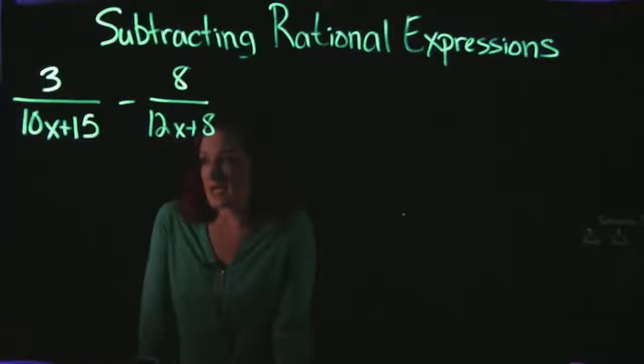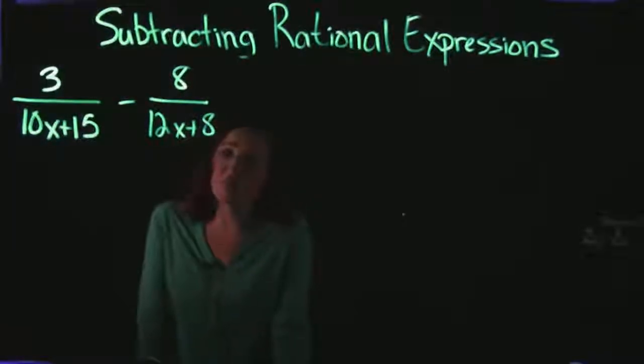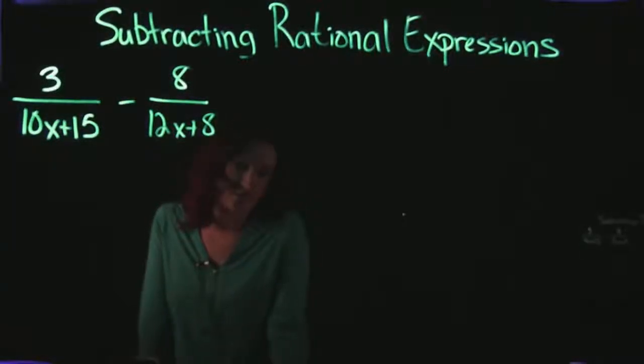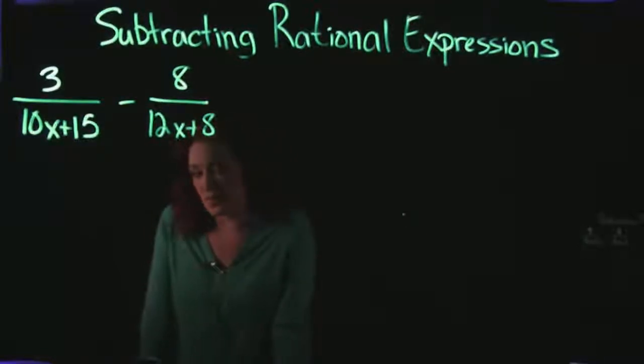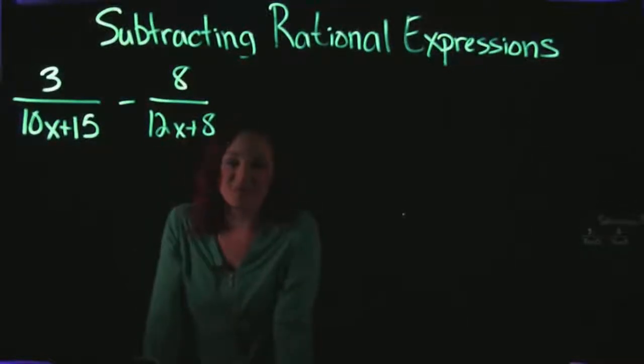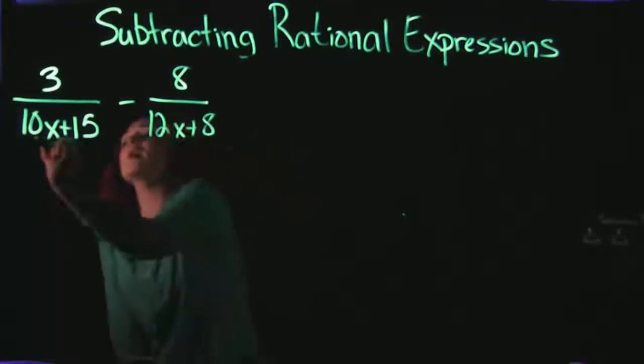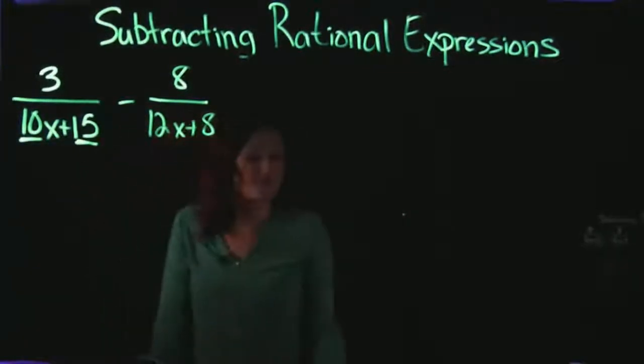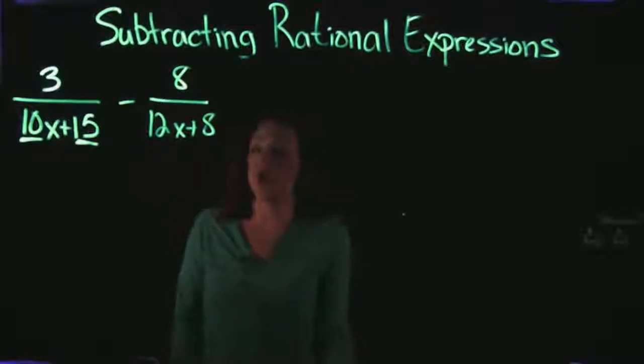Taking a look at 10x plus 15, the first method you always want to start with when it comes to factoring is to check and see if you have a greatest common factor in your problem. We actually do have one here, because looking at the 10 and the 15, we have a 5 in common.